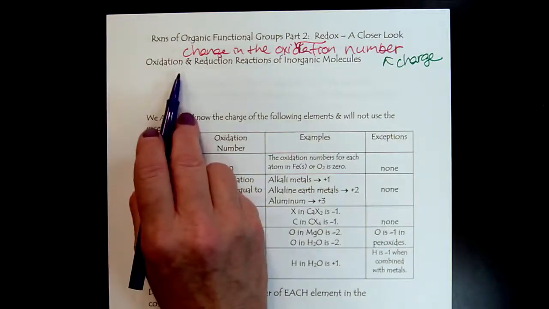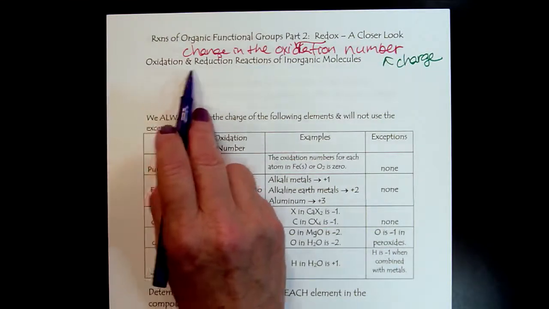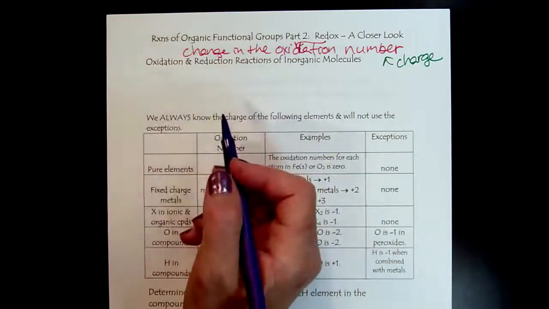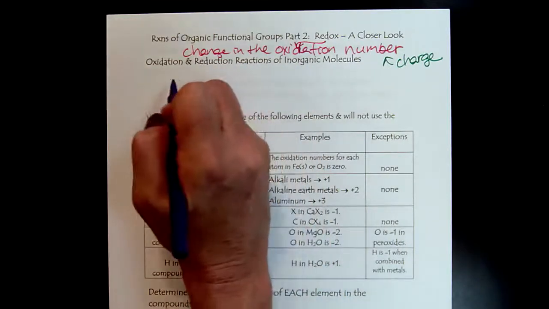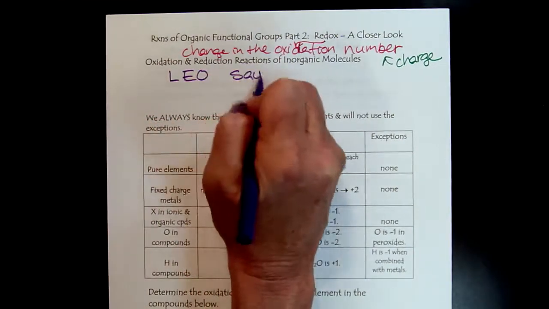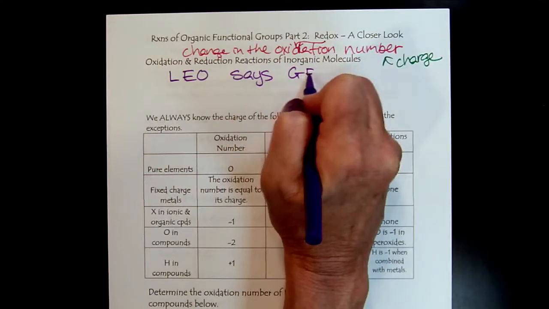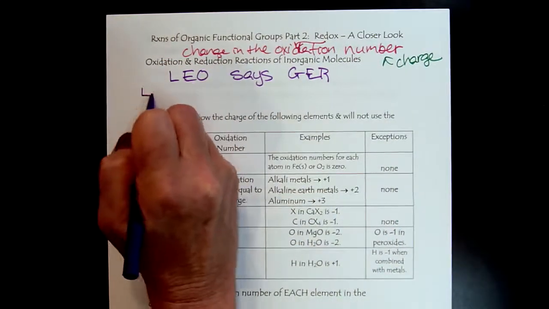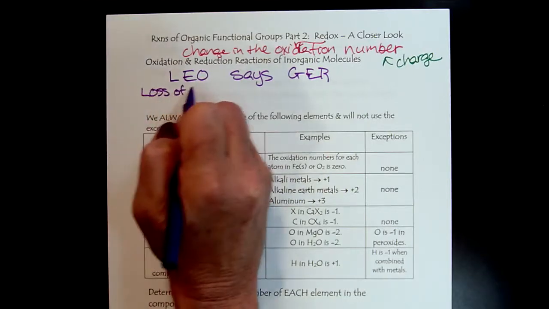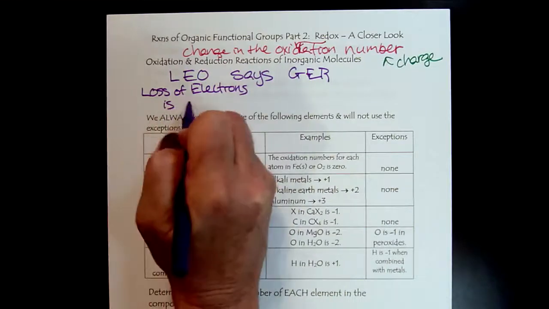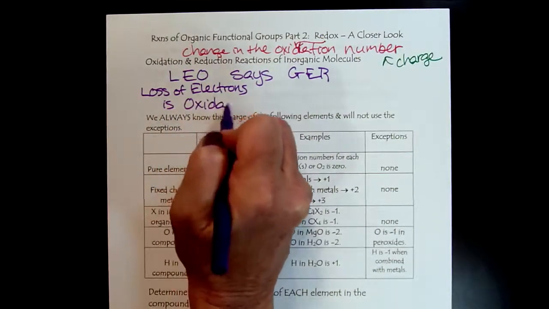So back for exam 1, we learned about the oxidation and reduction of inorganic compounds to form ions. And so we learned the expression, Leo says Ger. Leo was loss of electrons is oxidation.